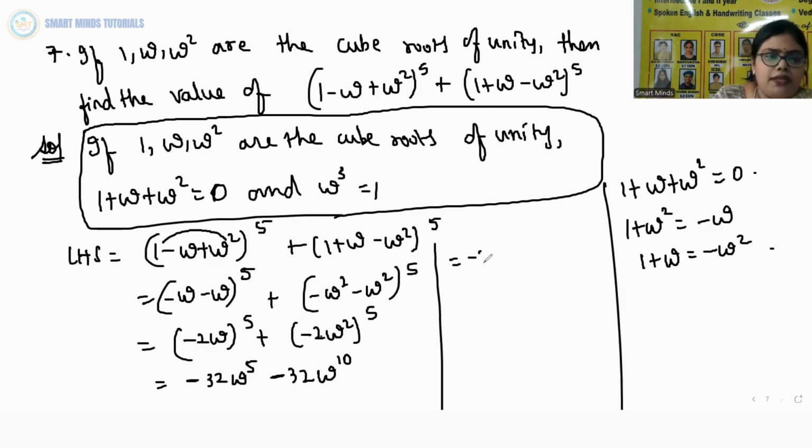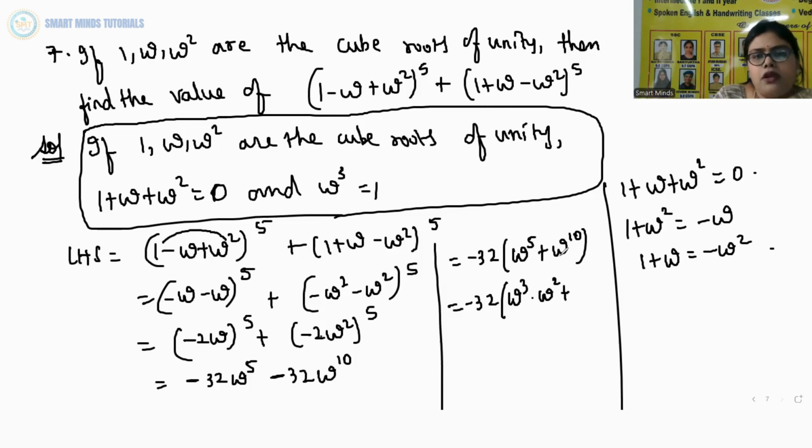If I take minus 32 common, I am left with omega power 5 plus omega power 10. Now omega power 5 I can write as omega cube into omega square. Omega power 10 I can write as omega power 9 into omega. That is minus 32 into, omega cube is 1, so 1 into omega square is omega square.